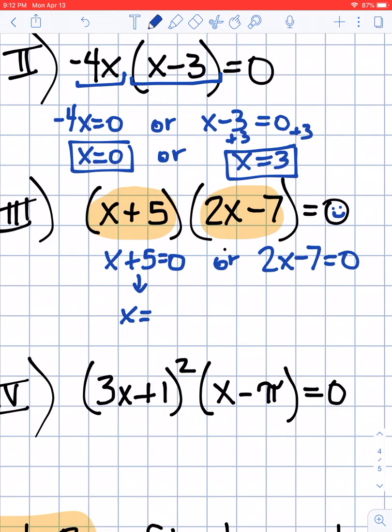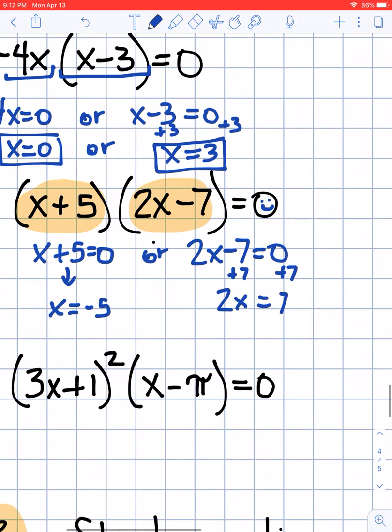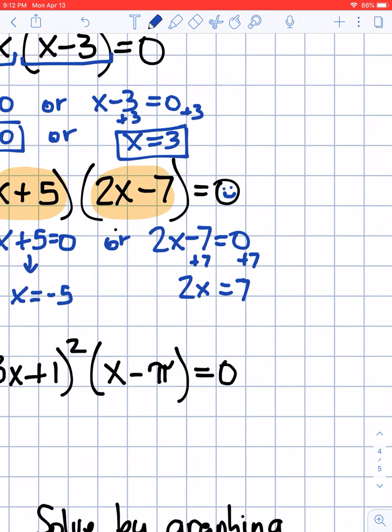Hopefully you can see in this one it's almost a mental math problem. You add negative 5 to both sides. Bam! x equals negative 5. Or, now this is a 2-step problem back from our Algebra 1 days from the first trimester. So you add 7, so 2x equals 7, and then you divide by 2, and so you get x is equal to 7 over 2.